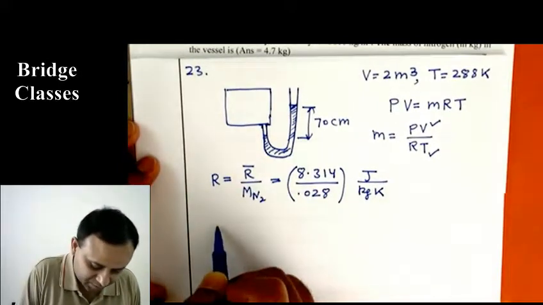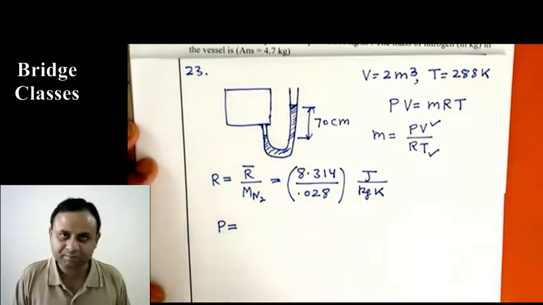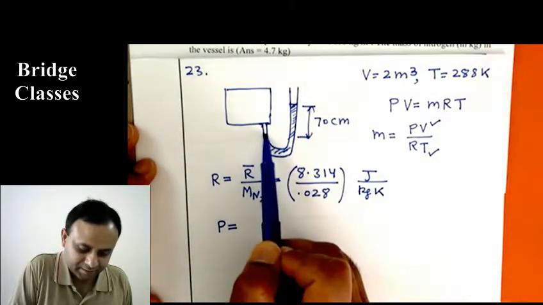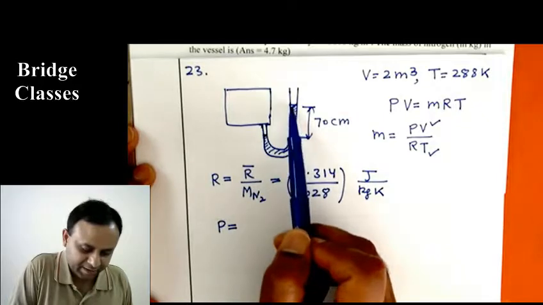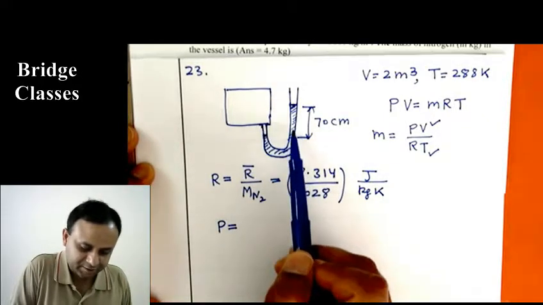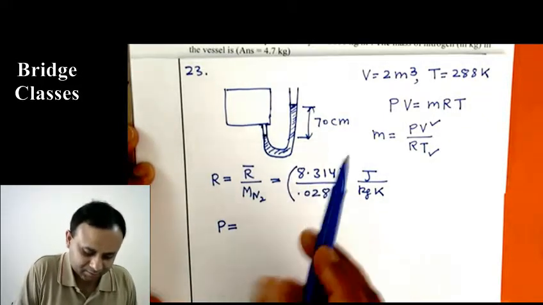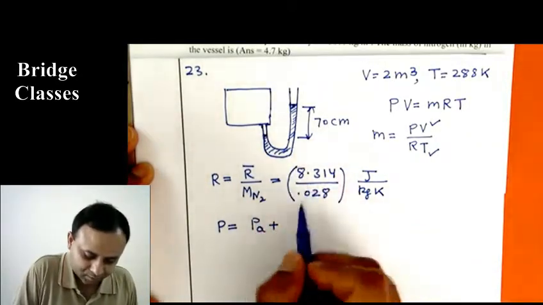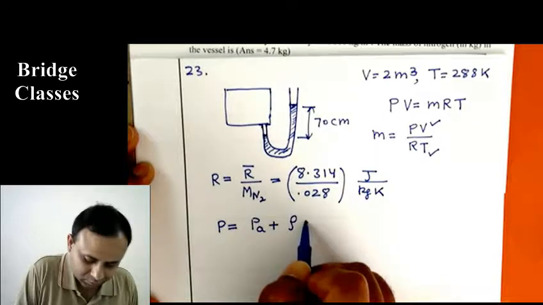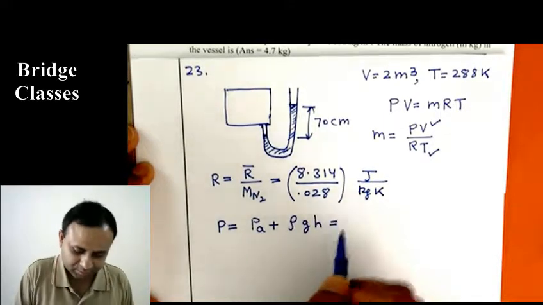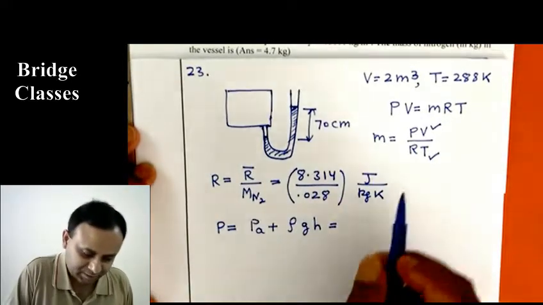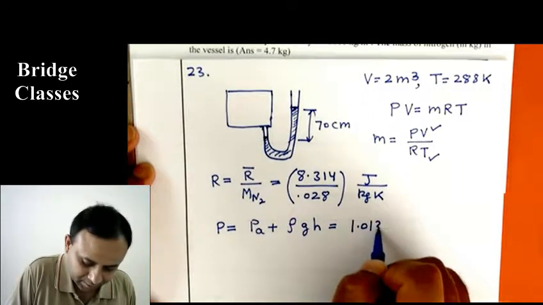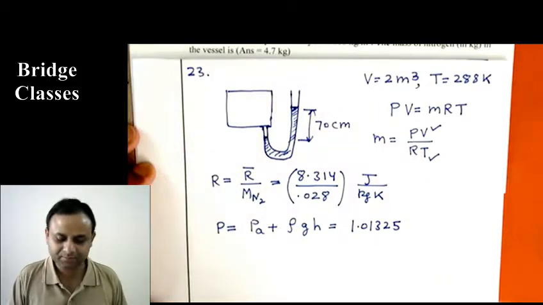Pressure will be based on the manometer. You know that from fluid mechanics. Pressure here will be atmospheric pressure plus pressure due to this column of mercury. So this will be atmospheric pressure plus pressure due to the mercury column, that will be rho GH. And atmospheric pressure is 1.01325 bar.